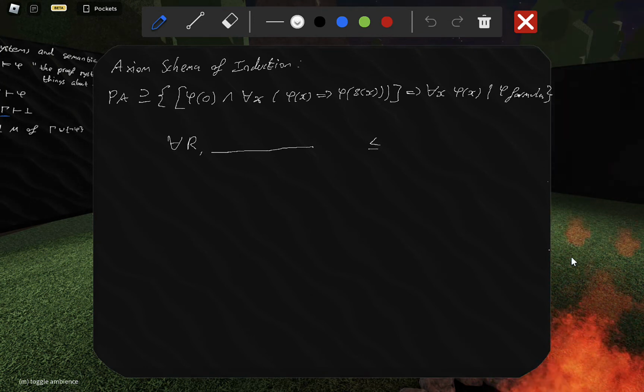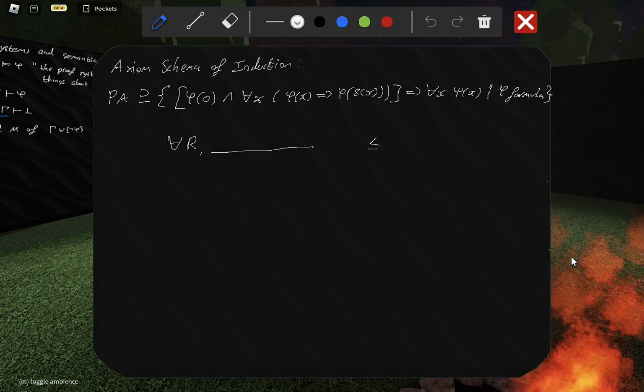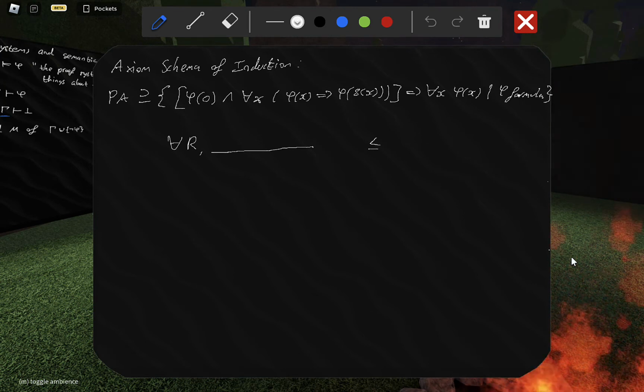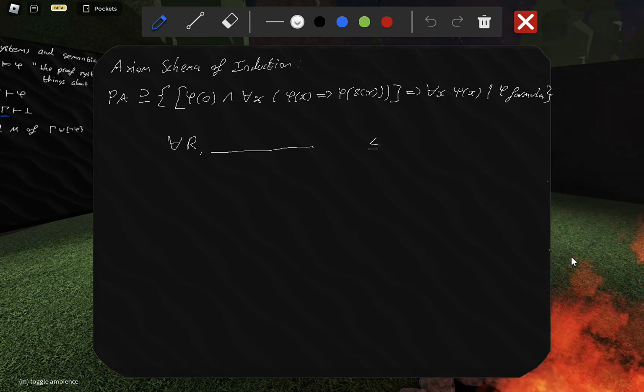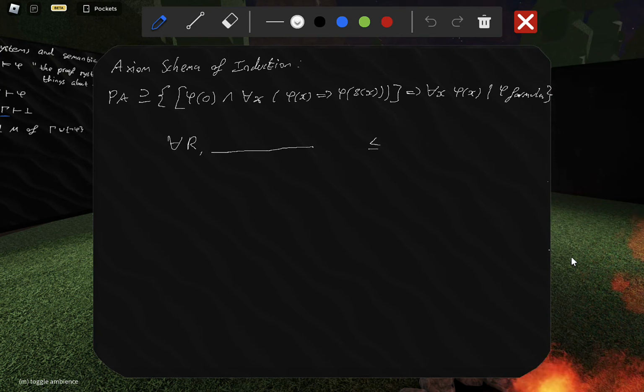So actually, every non-empty set has a minimal element, I think that's equivalent to the axiom of induction in the second order form. When you say every set, you mean every relation. Yes. Right. So you say for all R, blah blah blah, and the things for which R is true is the set you're talking about.